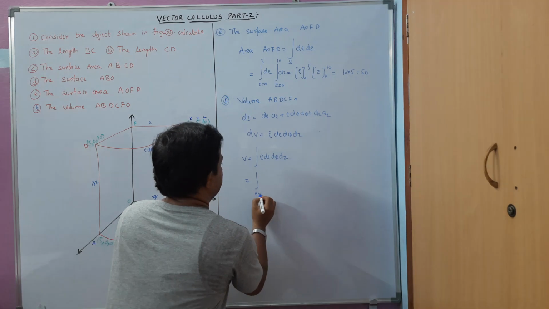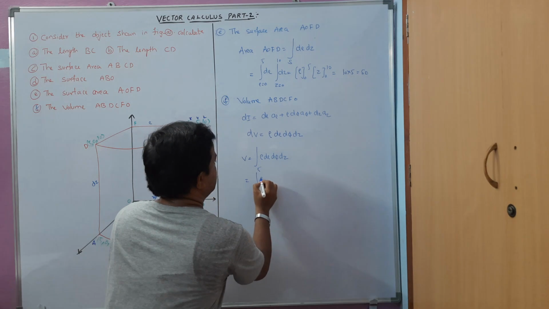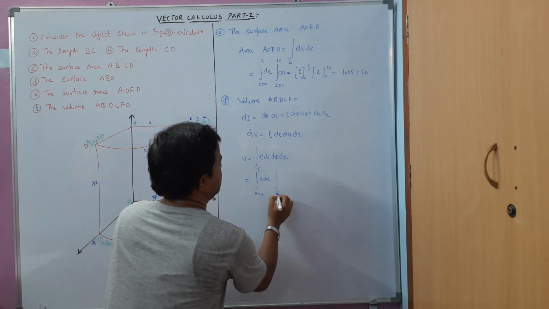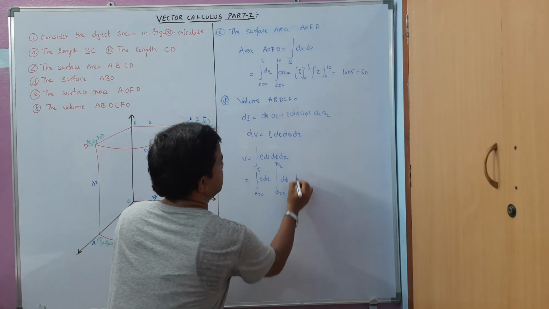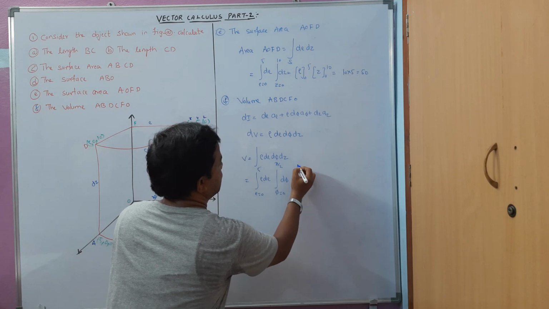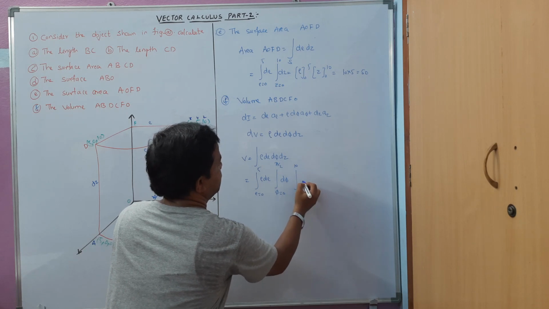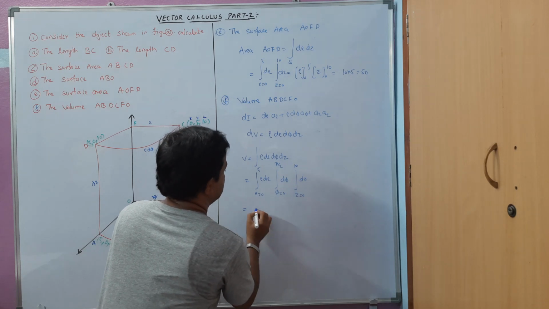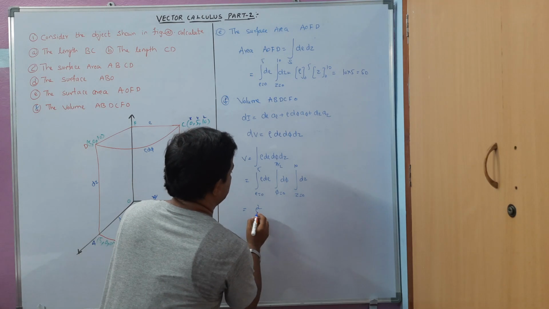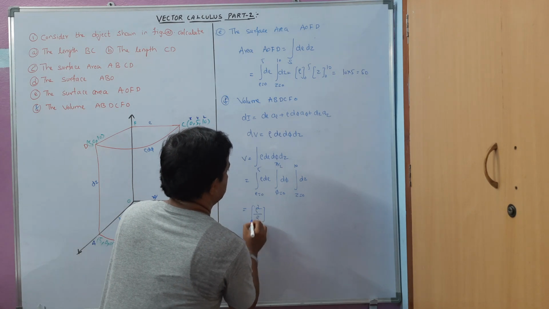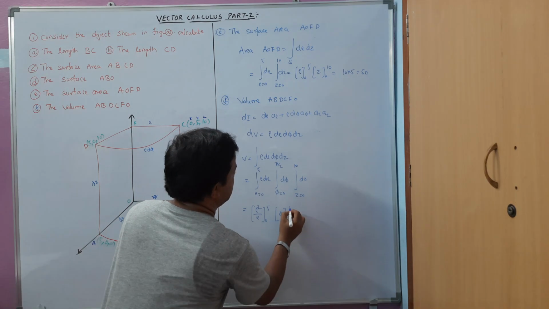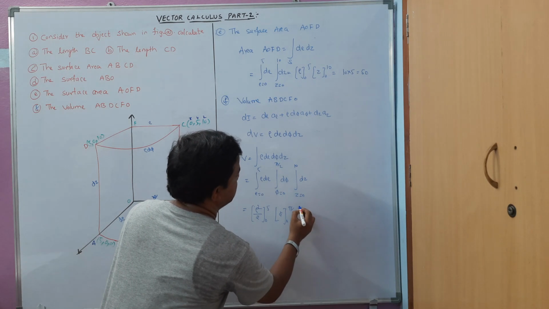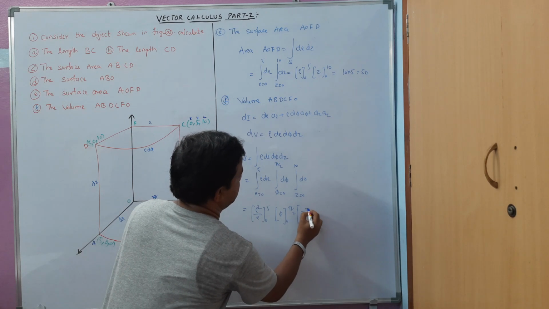Rho varies from 0 to 5, phi varies from 0 to pi by 2, and z varies from 0 to 10.